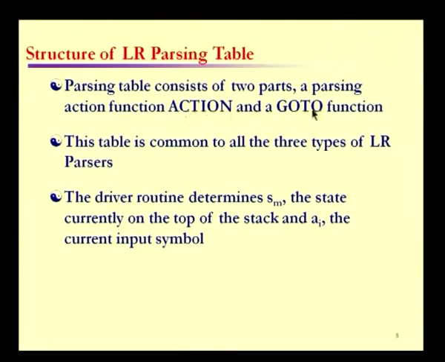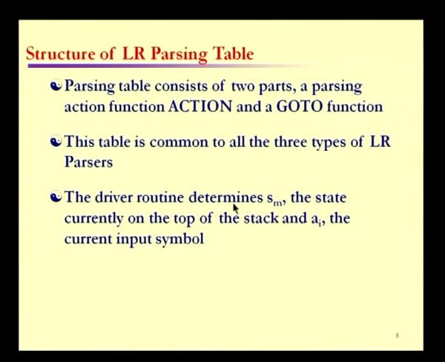So that is the structure of the LR parser. We have action and go to, and this table structure is common for all three types of LR parsers, whether it is SLR, canonical LR, or LALR. And what will be the role of the driver routine here?